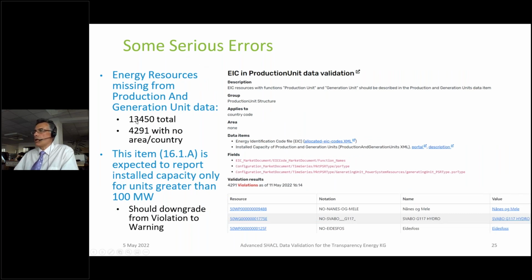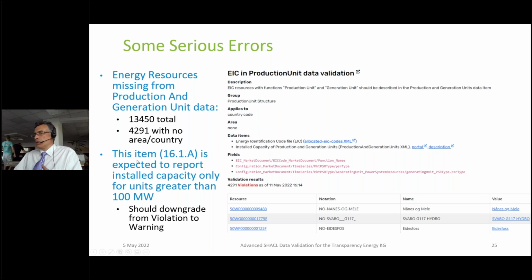Now, this is the converse problem. There is quite a large number of production or generation units, 13,000, that are not described in the production and generation units data. So we know that these are production or generation units, but we don't know anything about them. What is the megawatt installed capacity? What is the high voltage limit in kilovolts?